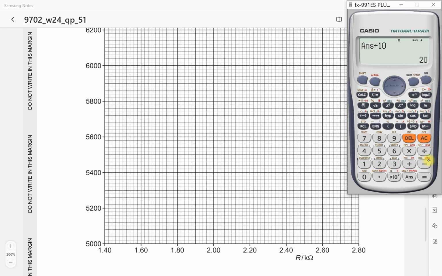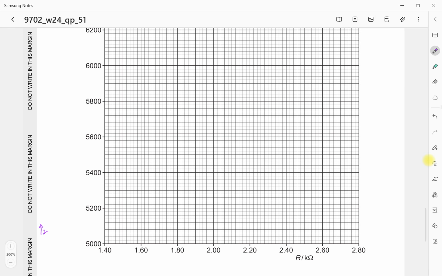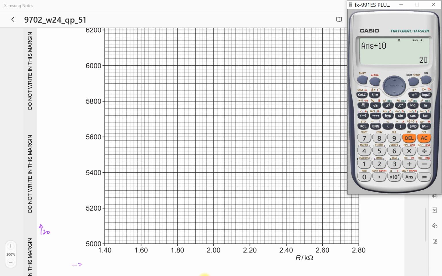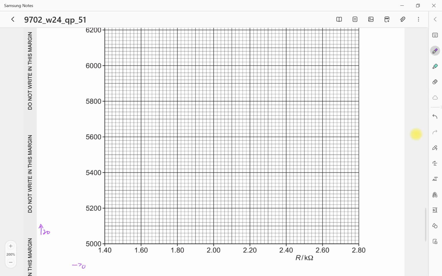Each box is 20, so the scale on the vertical is 20, and the scale on the horizontal is 1.6 minus 1.4 divided by 10, 0.02. On the horizontal, each small box is 0.02.